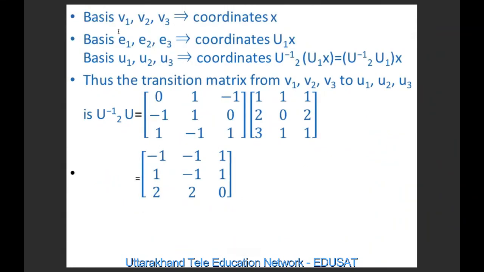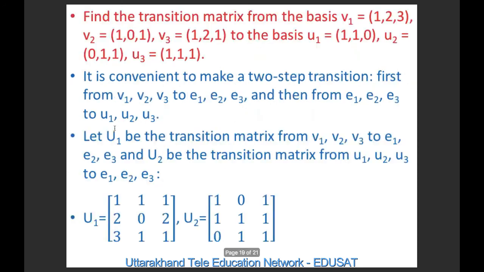So basis v1, v2, v3 gives the coordinates of x, basis e1, e2, e3 gives the coordinates of U1x, and u1, u2, u3 gives the coordinates of U2 inverse U1x. Thus the transition matrix from v1, v2, v3 to u1, u2, u3 is U2 inverse U1.